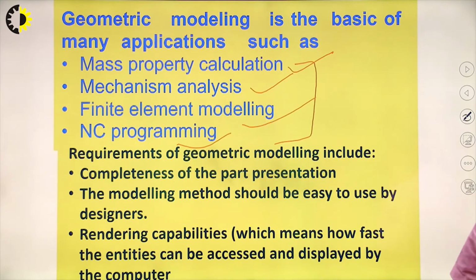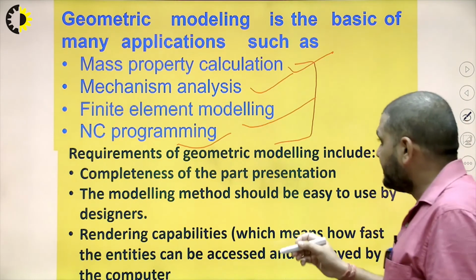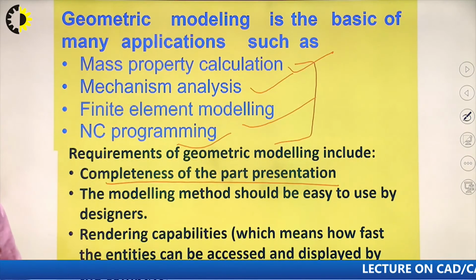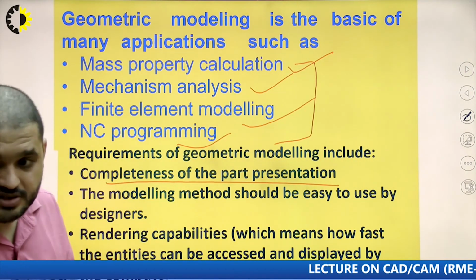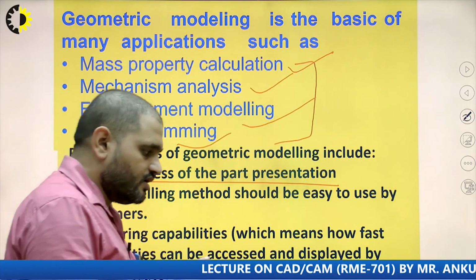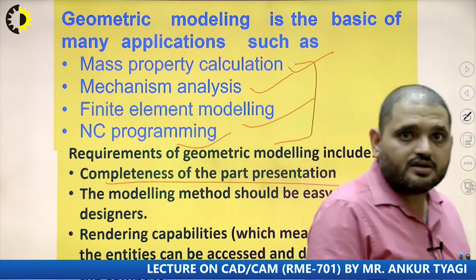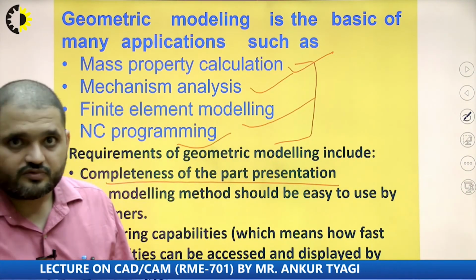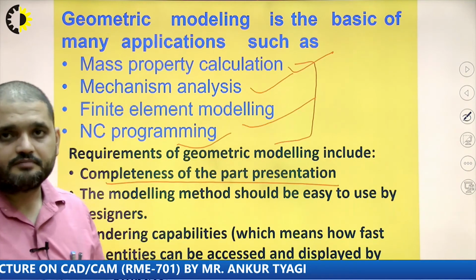The requirements of geometric modeling include completeness of the part representation. No dimension should be missing, and no part should be missing from the assembly. If a part or any dimension is missing, then everything we calculate using the above applications will have some error.